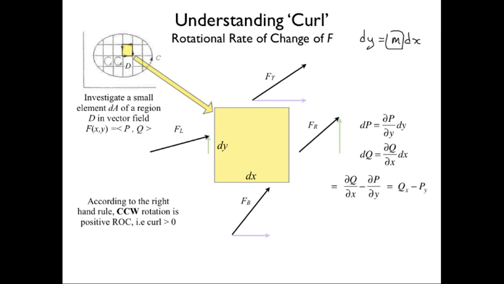Similarly, that's what we were looking at in Green's theorem, right? We're looking at the rotational rate of change in Green's theorem. And that's the curl of F. But curl is a vector. So what's the direction? If it's by the right-hand rule, then what is the direction of the curl? It's in the positive z direction, right?